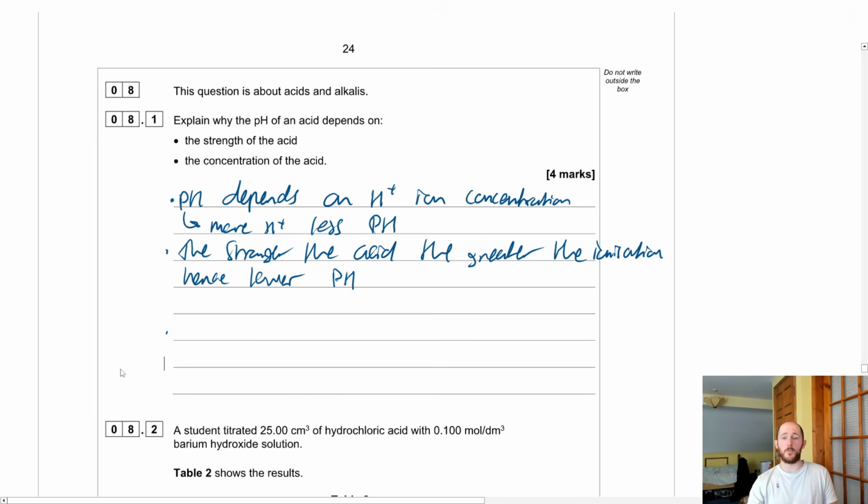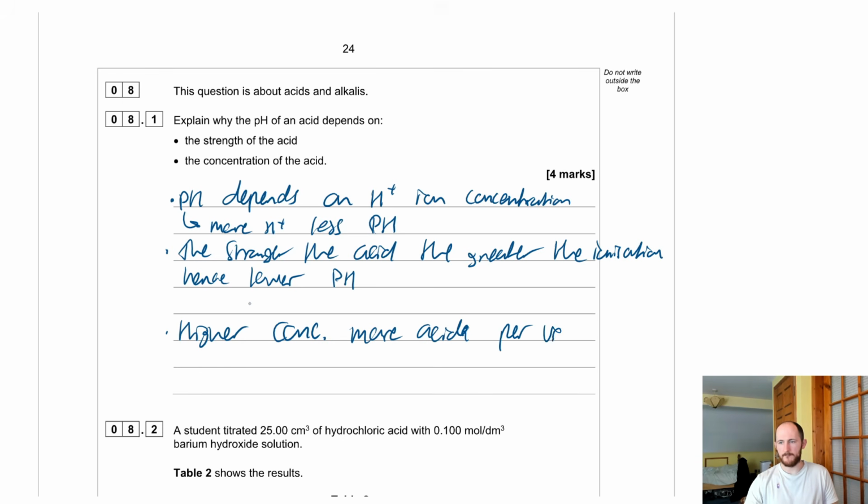I actually only need one more point because this and this actually count as 2 marks. And lastly, higher concentration, the more acid per volume, hence lower pH. And that's all you basically have to write.